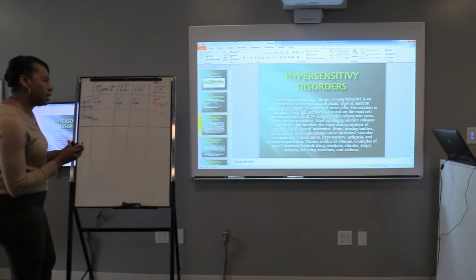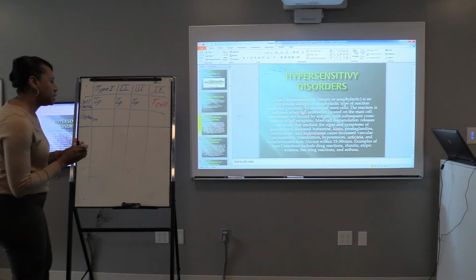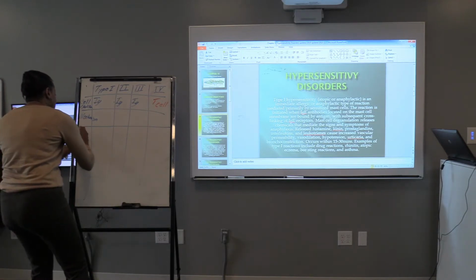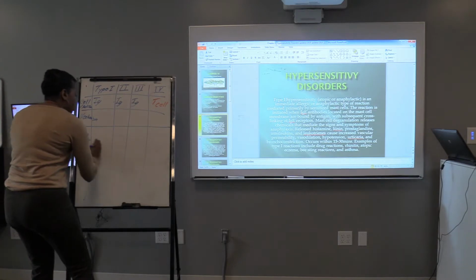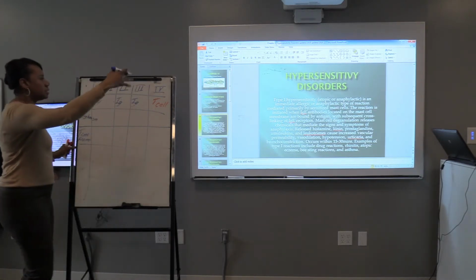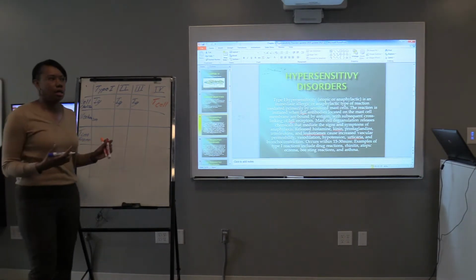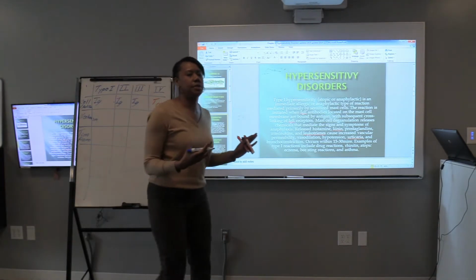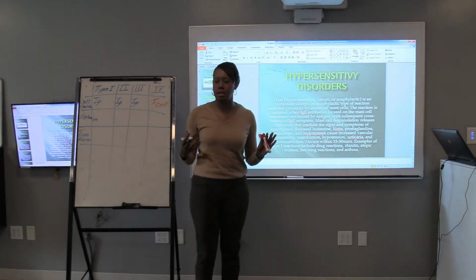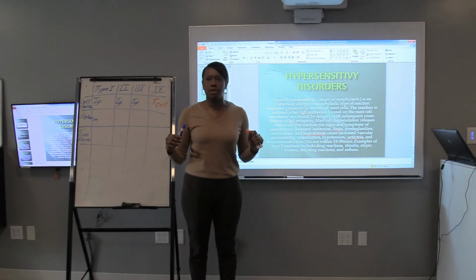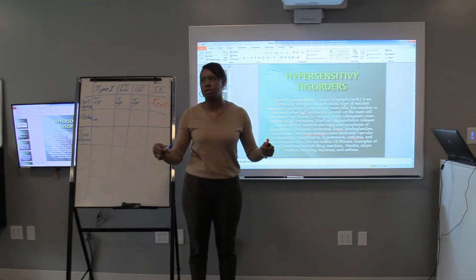The next thing I would also take a look at is the time frame. Each hypersensitivity disorder has a particular time frame attached to it. The time frame is usually associated with the entire time it takes for this reaction to develop.